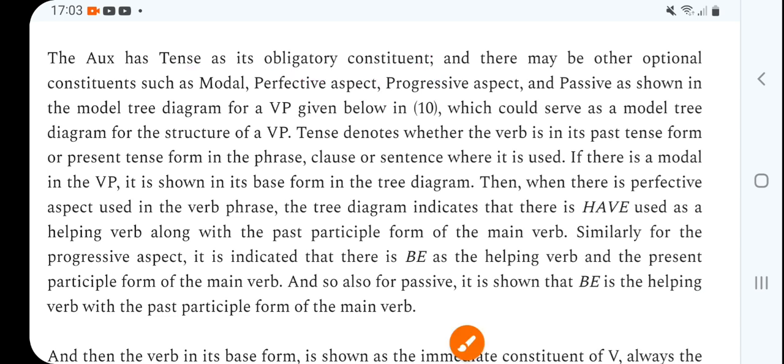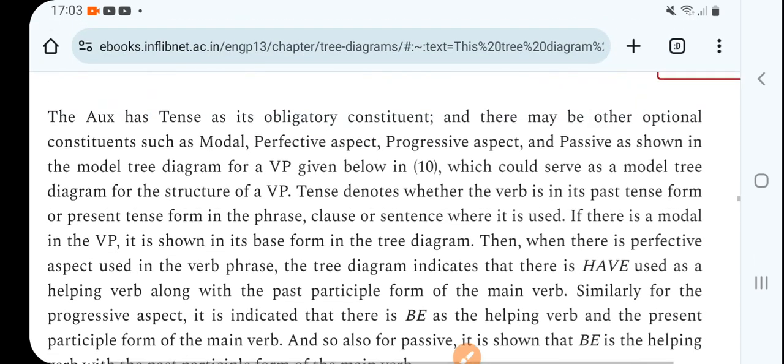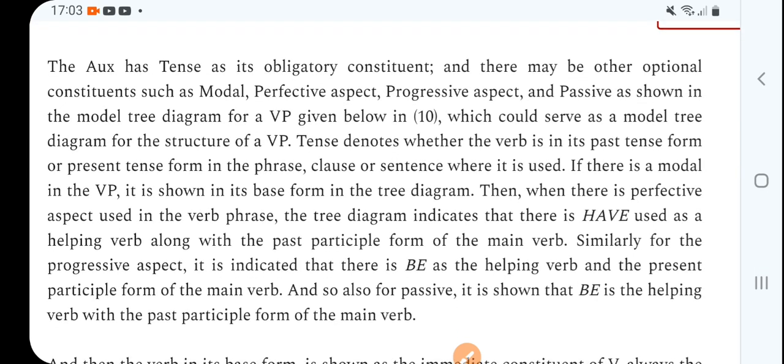Then there may be other optional constituents such as modal, perfective aspect, progressive aspect. Perfective is have, progressive is the ing form, and passive is shown in the model tree diagram, right?